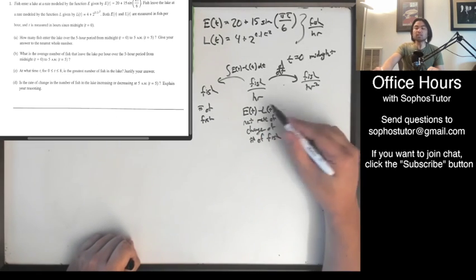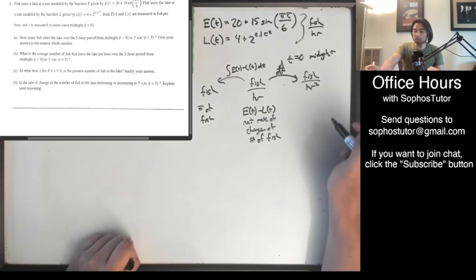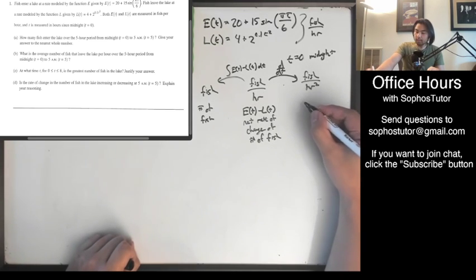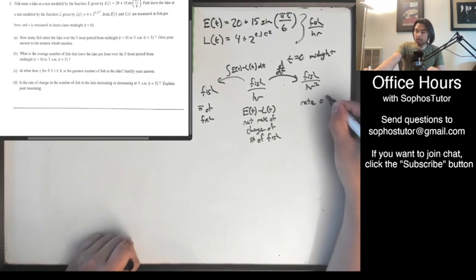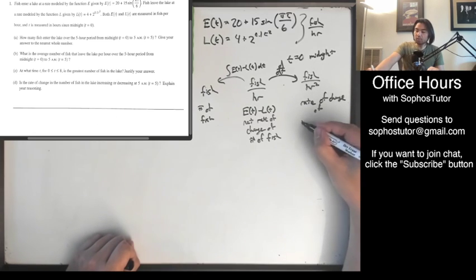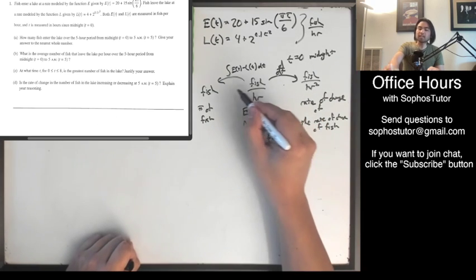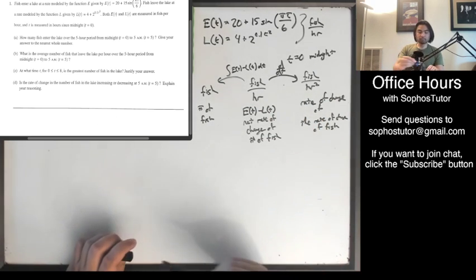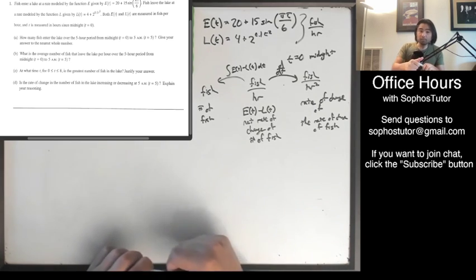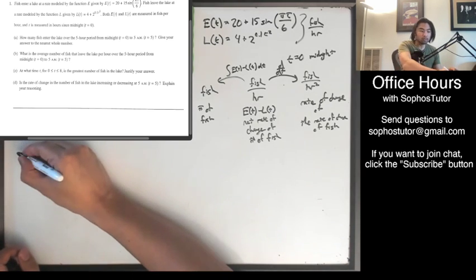If we take a derivative of this function, we should get the rate of change of the rate of change of fish. Okay, so this is how much the rate is changing. This is how much the number of fish is changing. Now that we have this set up, now let's go ahead and tackle part A.